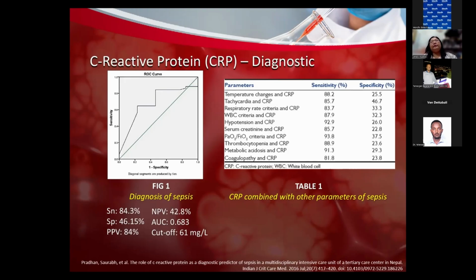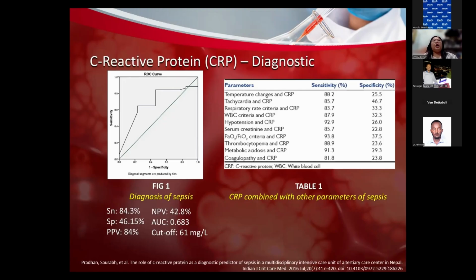So let me just brief this through. When we say that there is a high sensitivity of the test, a high sensitivity test would give us a high confidence that we can rule out the presence of the disease.